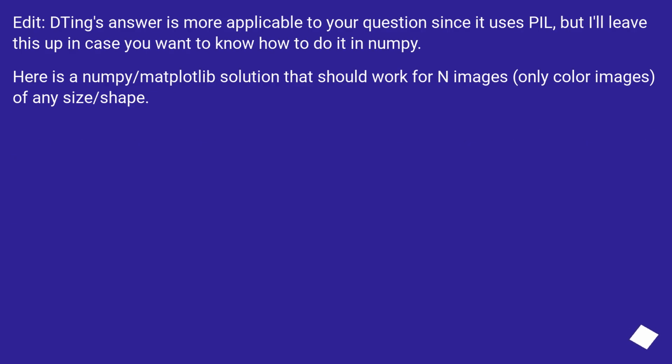Edit: Deeting's answer is more applicable to your question since it uses PIL, but I'll leave this up in case you want to know how to do it in NumPy.